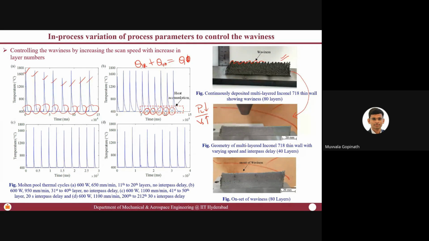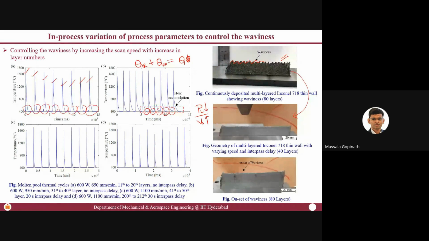Catchment efficiency means what is the quantity of powder that is coming out of the nozzle and what is the quantity of powder that is getting deposited, right? If you look at this ratio of the material deposited to the material dispensed, typically you will end up with 30 to 50% catchment efficiency.